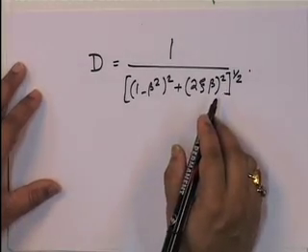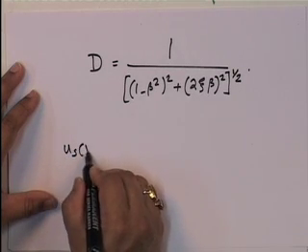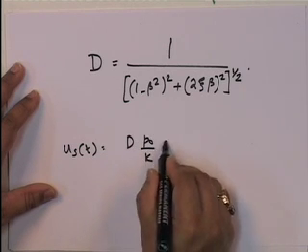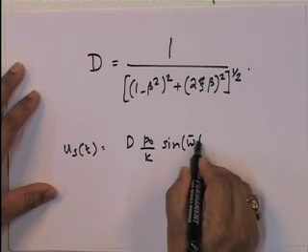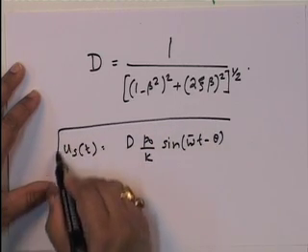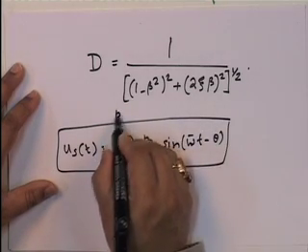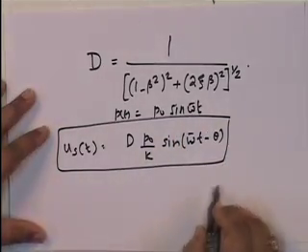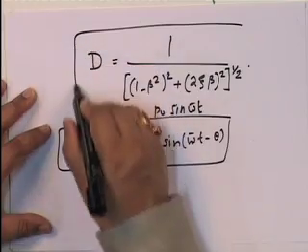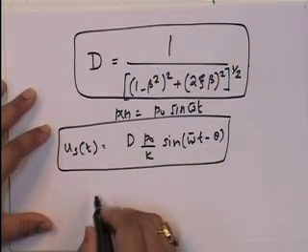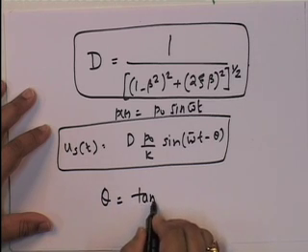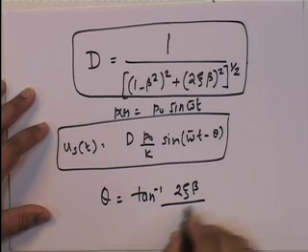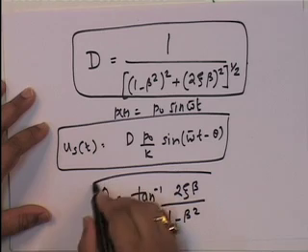If I define this, then I can define u s of t as d into P naught upon k, sine omega bar t minus theta, for a loading P of t equals P naught sine omega bar t, where d is given by this term and theta is given as tan inverse of 2 zeta beta upon 1 minus beta squared.